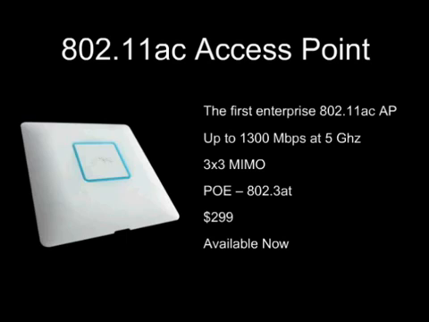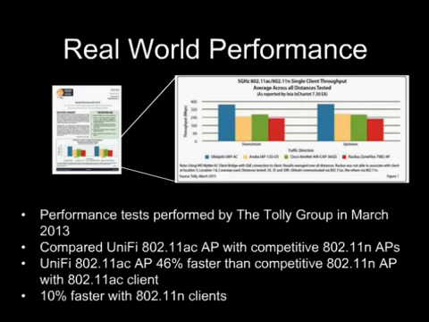And for those of you that are curious about performance, we've done some real-world performance benchmarking with the Tolly Group, and we compared the UniFi 802.11ac access point with the existing access points from a number of our competitors, and found a significant performance gain, about 46% when using an 802.11ac client.